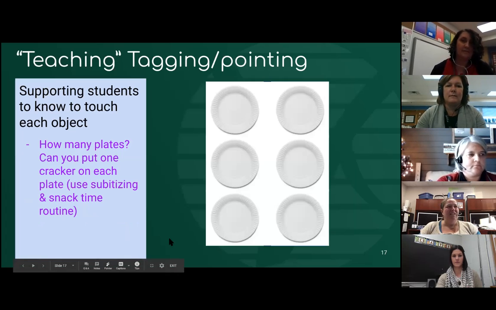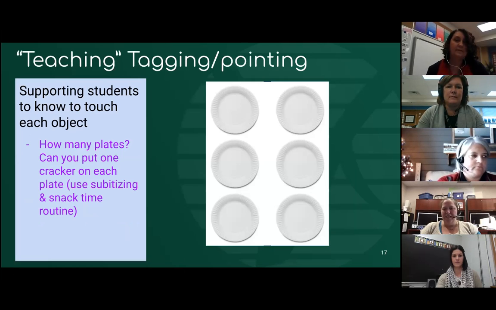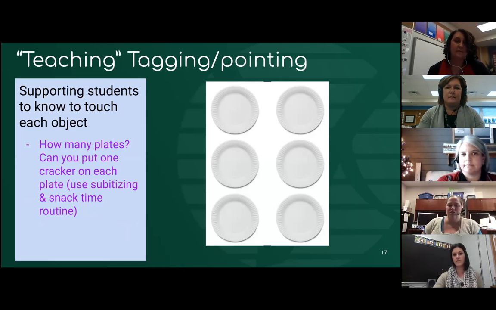Okay, so what can we do to help students who are struggling with tagging? One of the first things I would work on, maybe with our first little one who knows the number sequence but doesn't really know how to count yet, is to build from their subitizing.